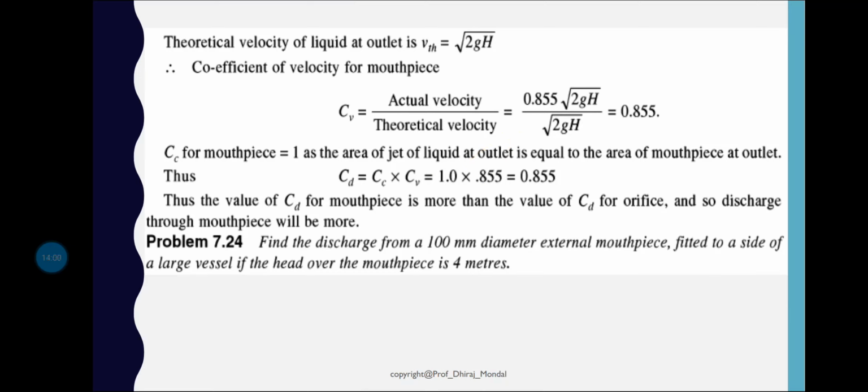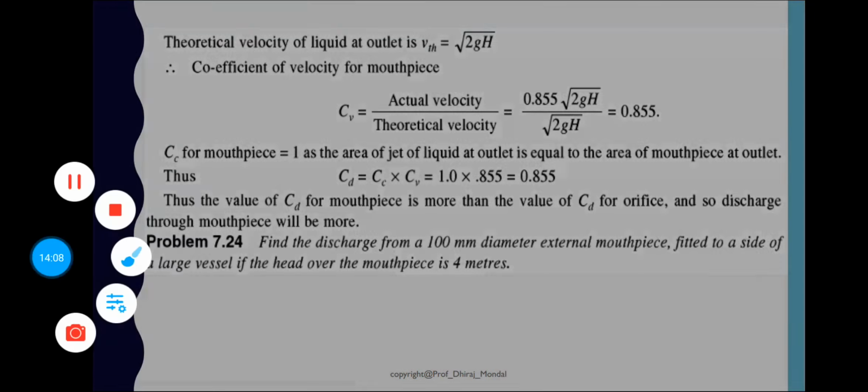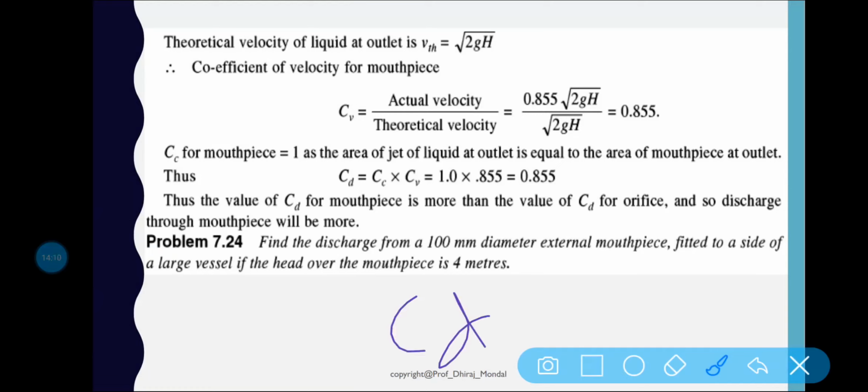So put the value of Cc and Cv, you will be getting Cd is equal to 0.855. Thus the value of Cd for mouthpiece is more than the value of Cd of orifice. You know that in case of mouthpiece the value is 0.855, already I have got, but in case of orifice it is 0.61. So we can say the value for the mouthpiece is more than the value for the orifice.